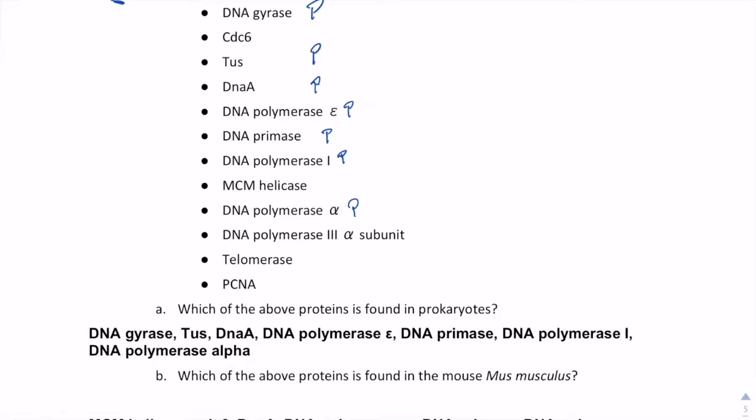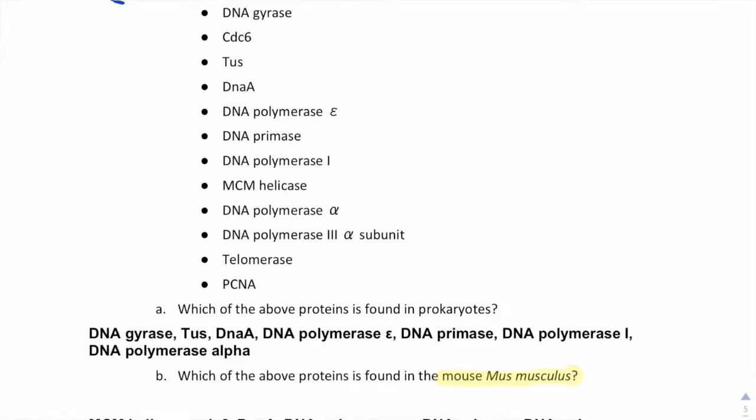Okay, so for the second one, it's the same principle. You just have to go through the reading and find the ones that are found in this instance, we're looking at the mouse, Mus musculus.